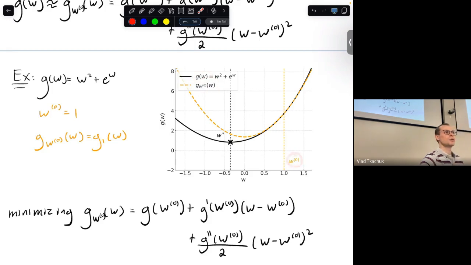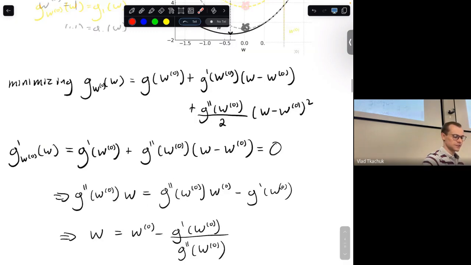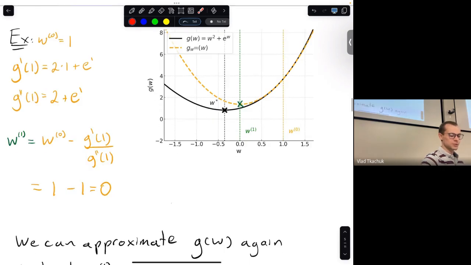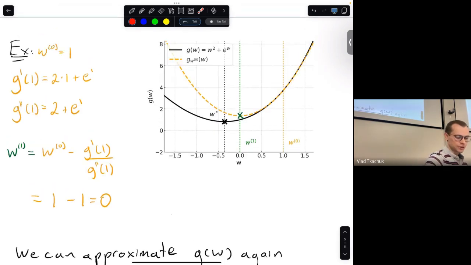So W0 is the point at which you're doing the approximation, right? When you do these Taylor approximations, you say, I have an approximation for the point W0. And then W1 is the minimizer of this approximation. So this plot kind of says it all. W0 is the point at which the approximation is made, while W1 is the actual minimum of the approximation.